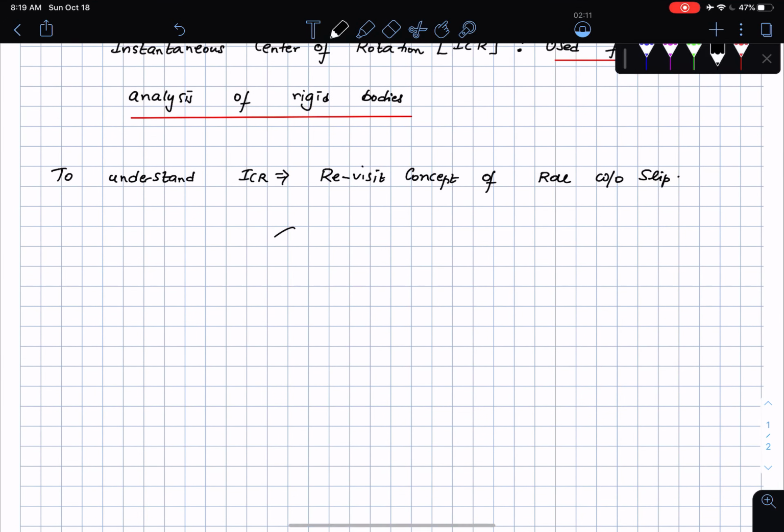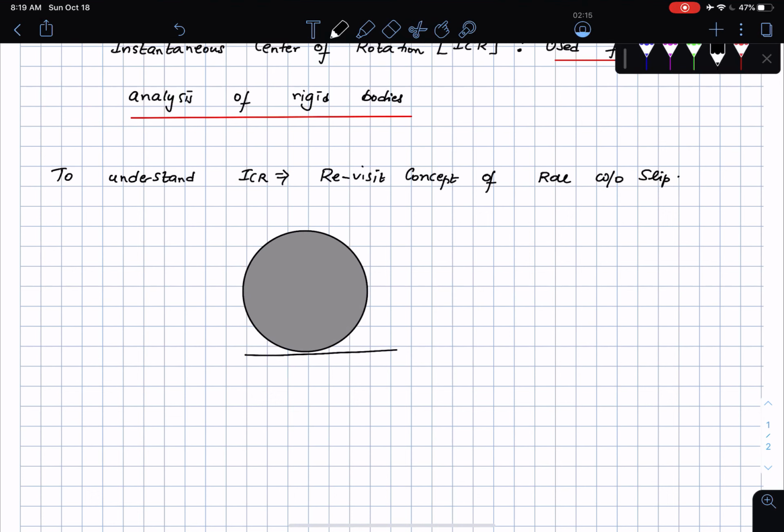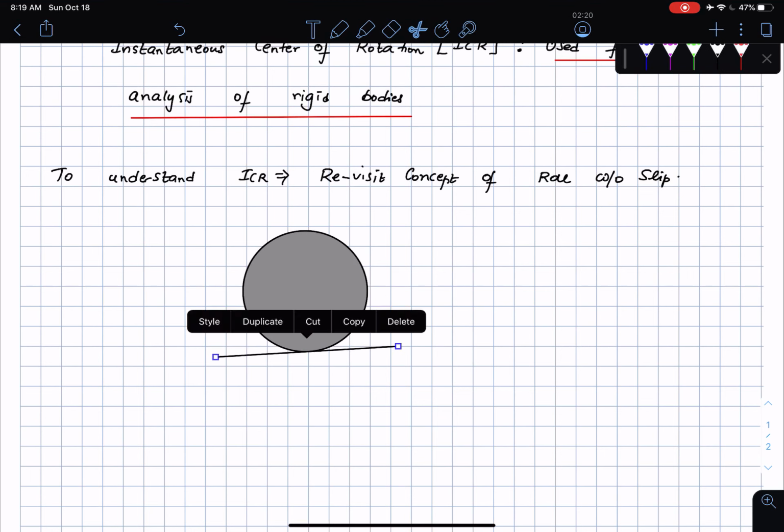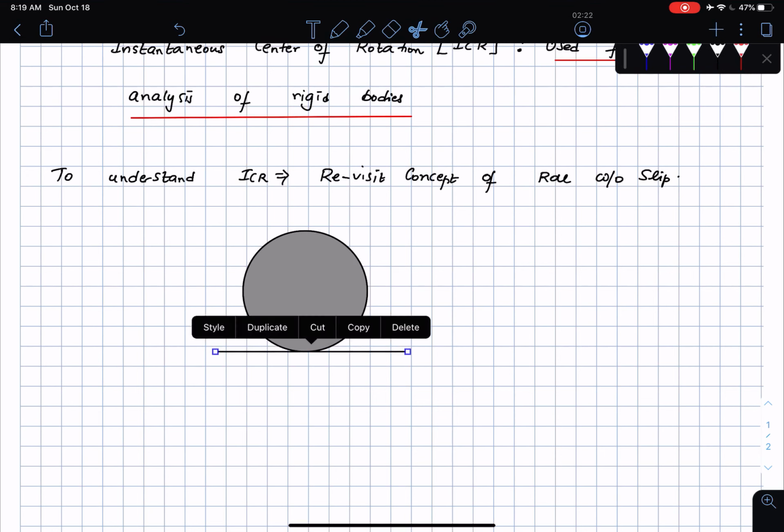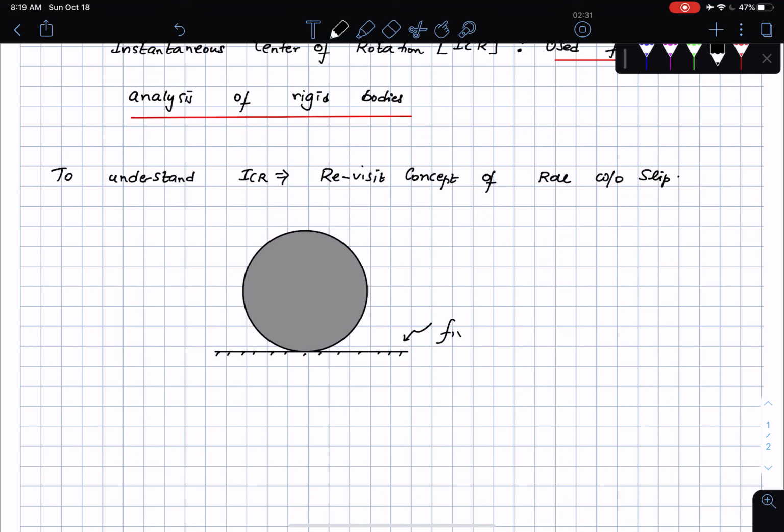I'm just taking a disk, and this disk is rolling on a flat surface. Let's say that this is the flat surface, a fixed flat surface. And I'm assuming that the disk is rolling in the clockwise direction, so it's rolling forward. So this is omega of the disk.